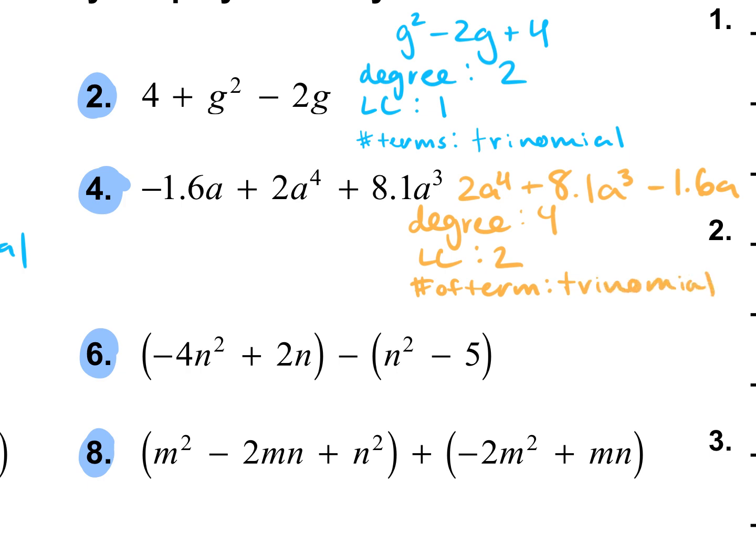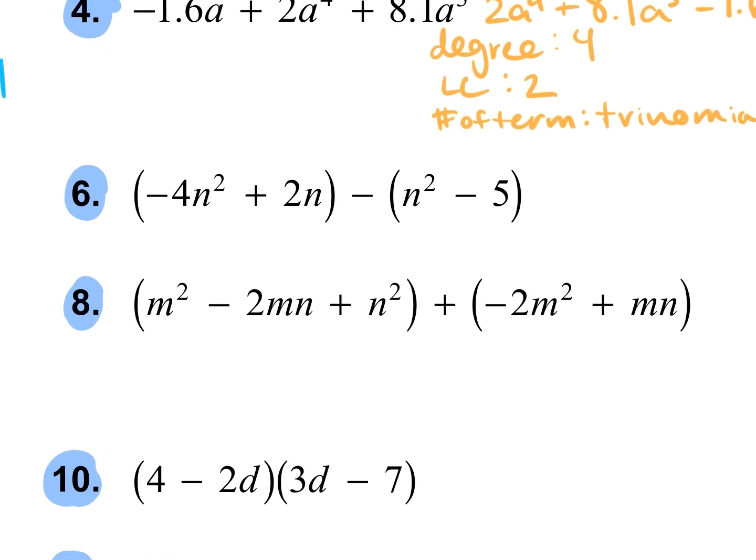All right, let's do number 6. What should we do first when we are subtracting? We distribute the negative, so we change the signs of everything behind it. So minus n squared and plus 5. Next, we combine our like terms. What's negative 4n squared minus n squared?